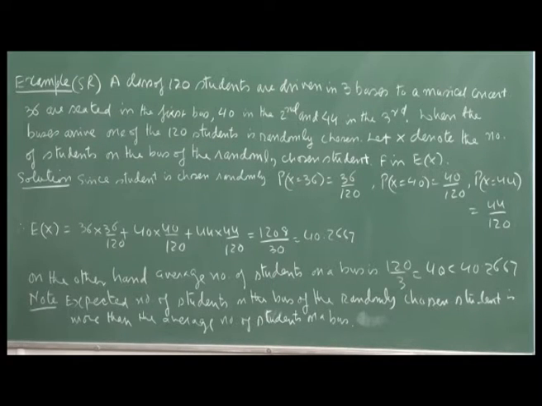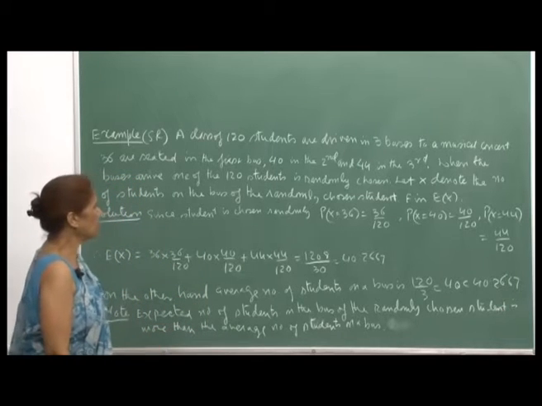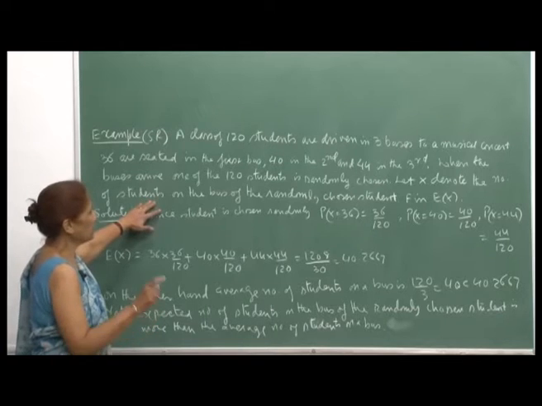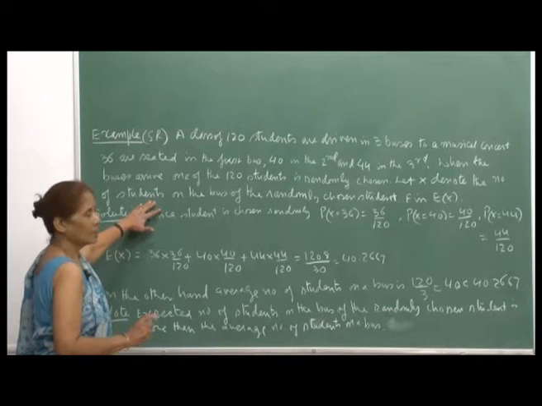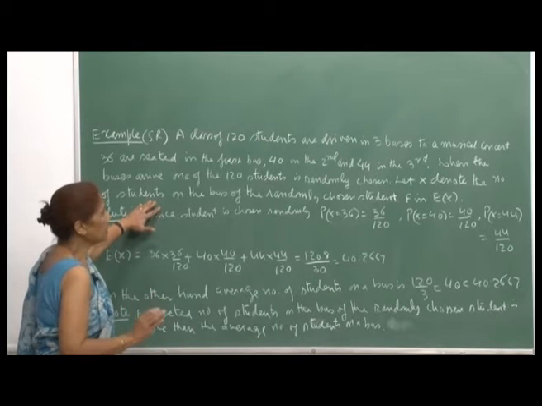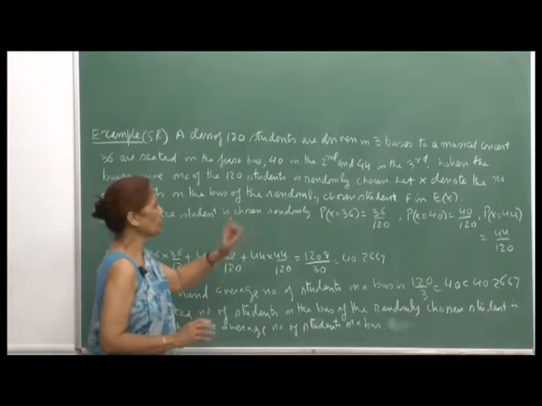When the buses arrive, one of the 120 students is randomly chosen from the group of those who all get down from the bus. One student gets picked up. Let x denote the number of students on the bus of the randomly chosen student. Now, carefully understand the event that I am telling you. X is the number of students on the bus of the randomly chosen student.